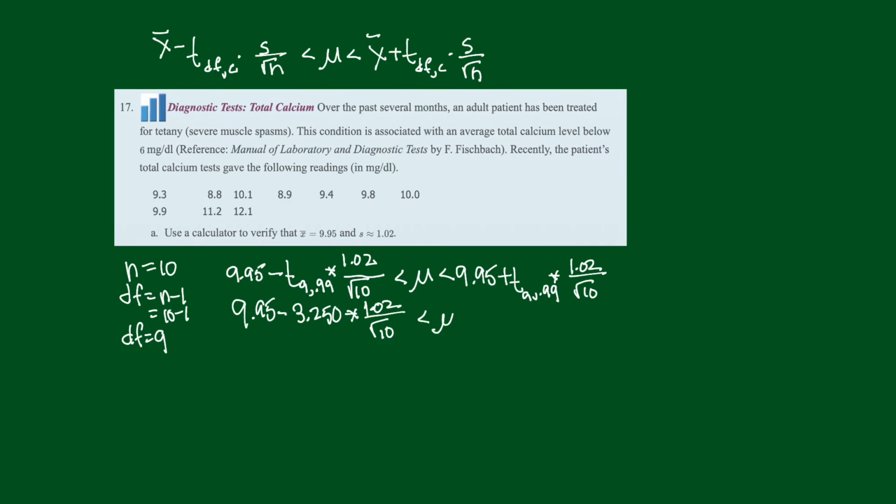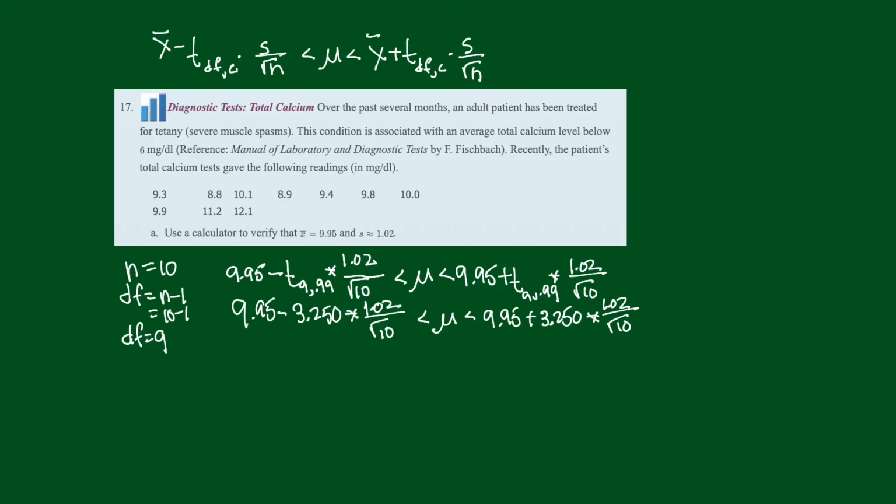That's less than or equal to the true mean, which is less than or equal to, okay, same thing but with a plus, 9.95 plus 3.250 times 1.02 over the square root of 10.